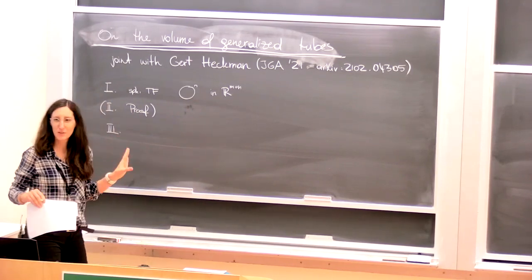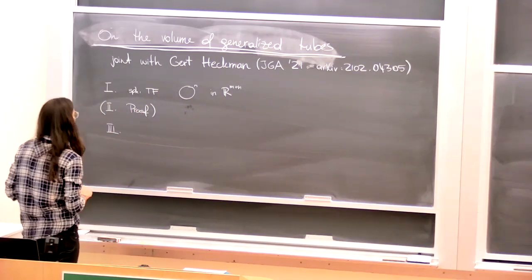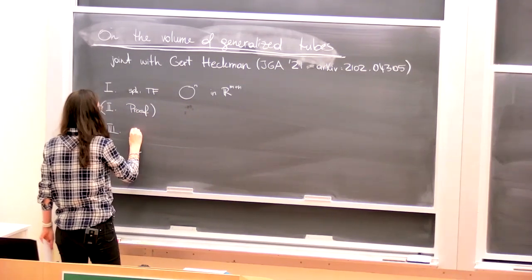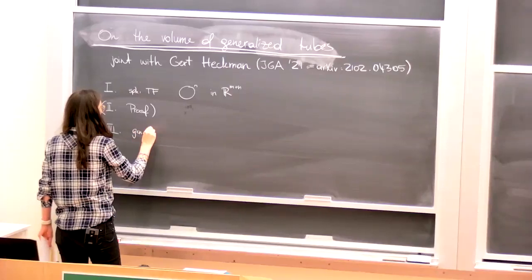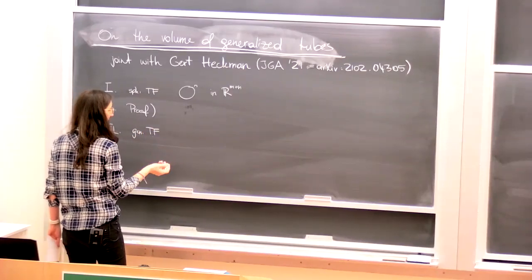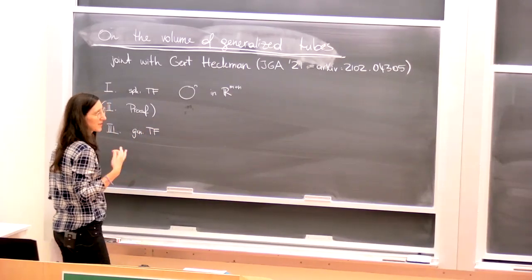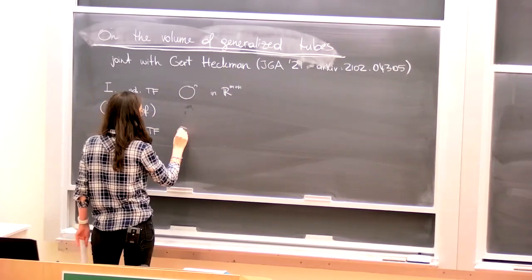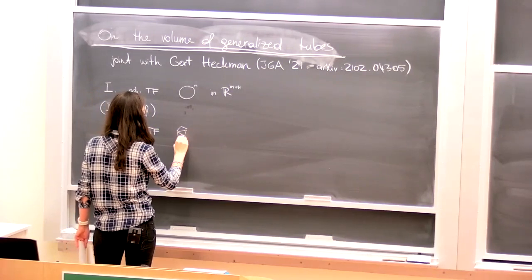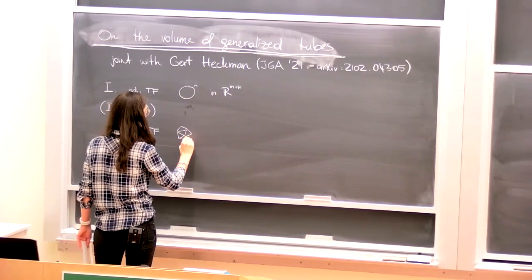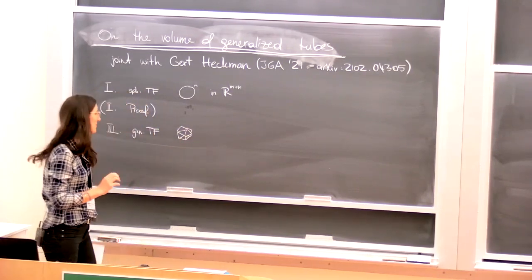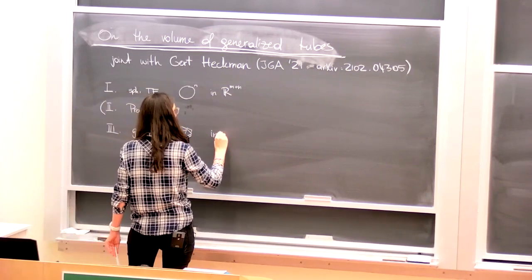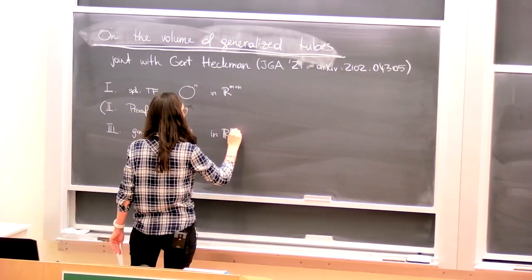I haven't yet told you what the tube formula is, but I'll come to it in a second. I'll call this the generalized tube formula. Instead of balls, we're going to consider some polytopes. If you want to consider an icosahedron or something like that, I cannot draw this very well, and this is again going to be in R^(m+n).